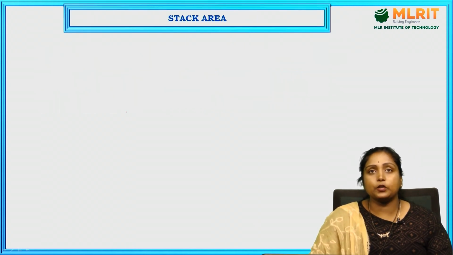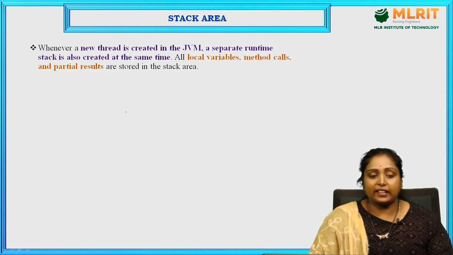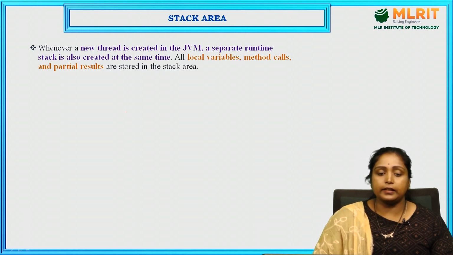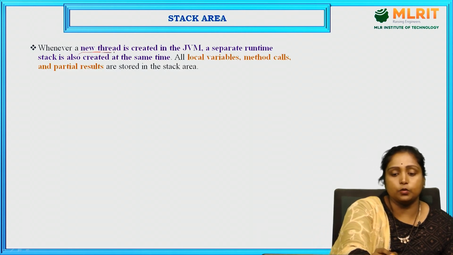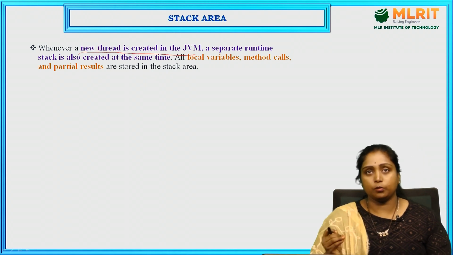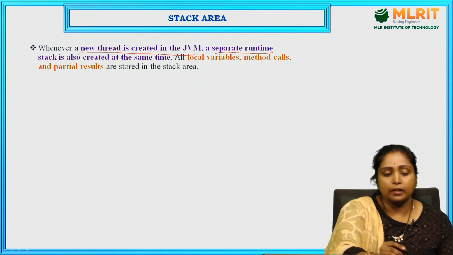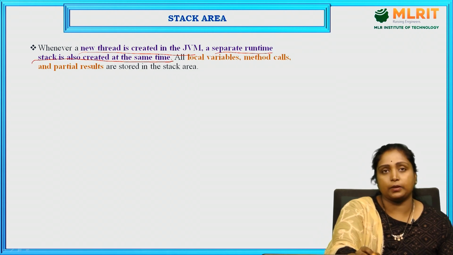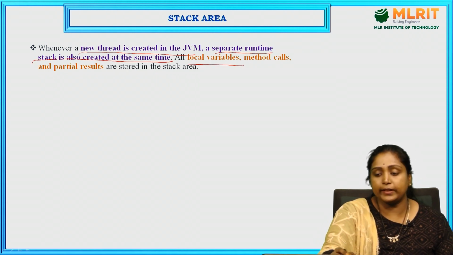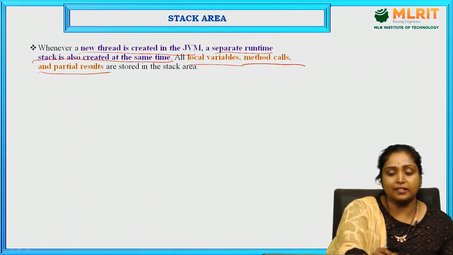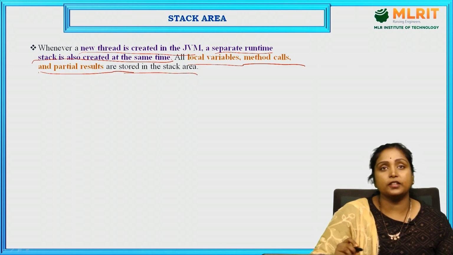Okay, coming to the stack area. The stack area is created whenever a new thread is created. Whenever a new small process is created, a separate runtime stack is also created at the same time. All local variables, method calls and partial results are stored in the stack area.